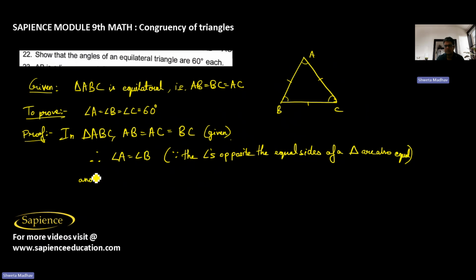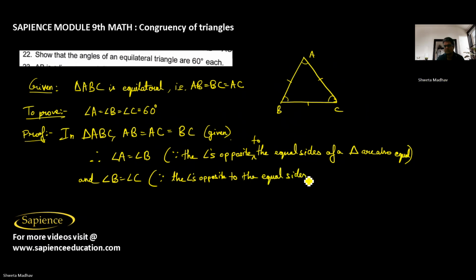And similarly, you can see that angle B will be equal to angle C. The reason is the same, since the angles opposite to the equal sides, which are AB and AC.